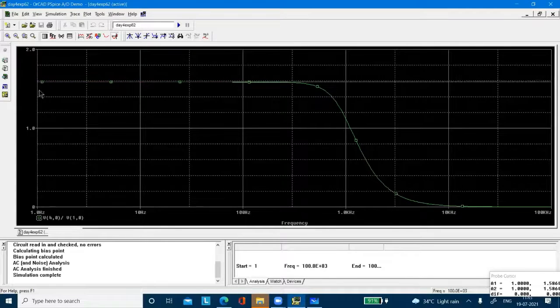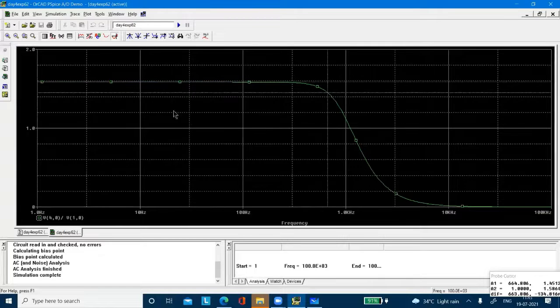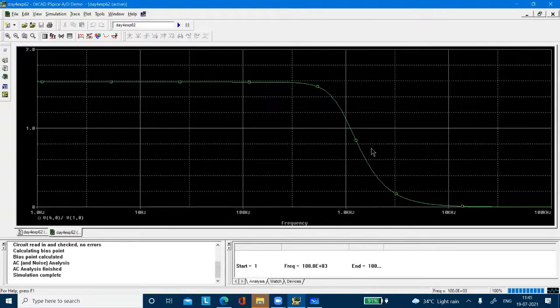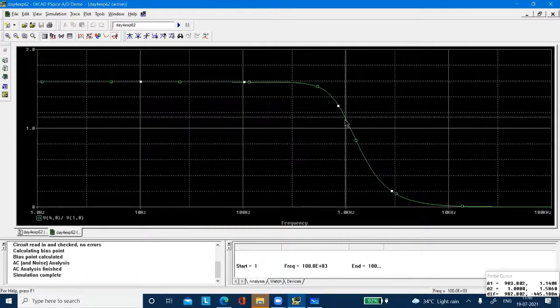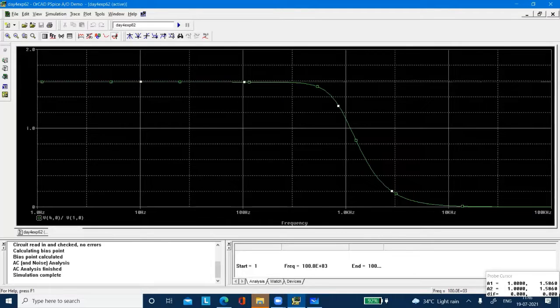Slightly below 1.6 is 1.586. This is the passband gain. Now, what is the cutoff frequency? The cutoff frequency is in this region, where the curve is cutting. This frequency, 1 kilohertz, will be the cutoff frequency. So, what will be the gain at the cutoff frequency? This will be the gain at the cutoff frequency.